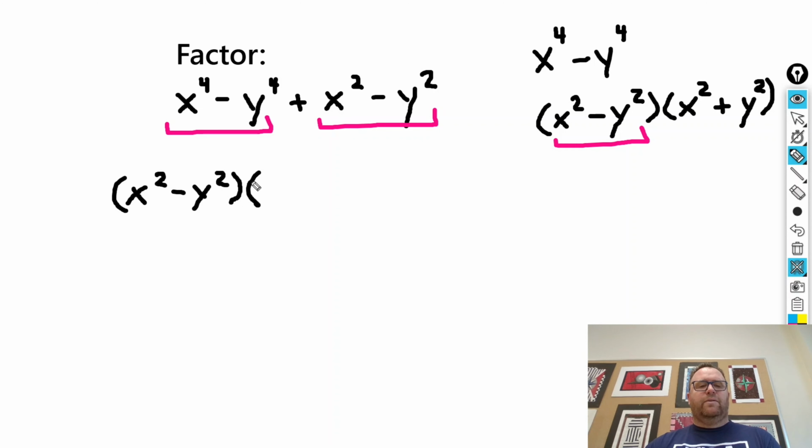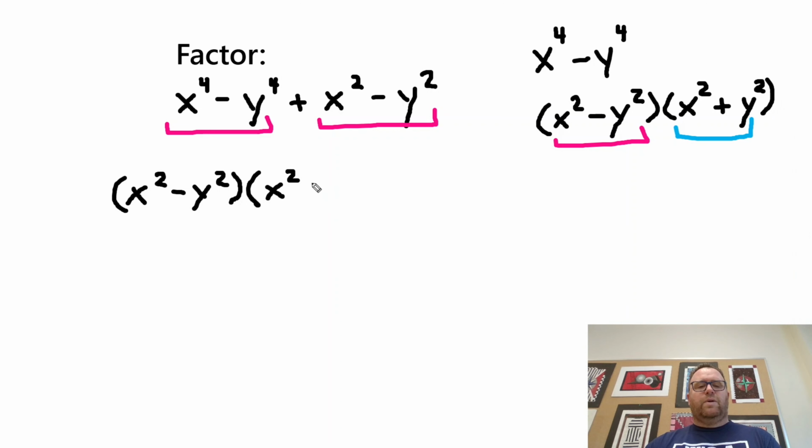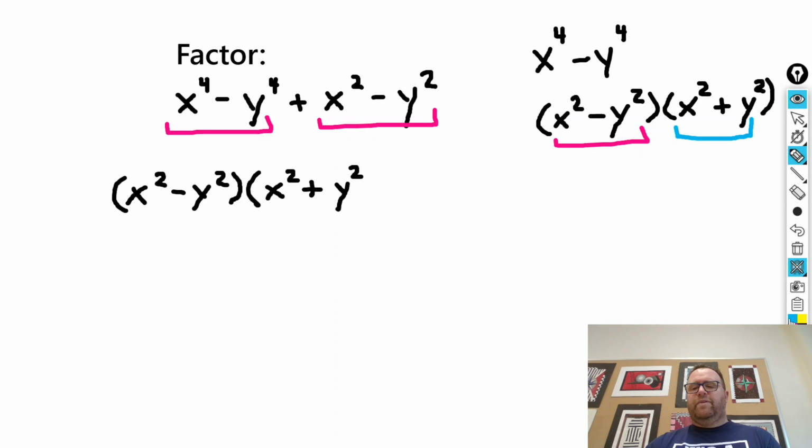And then when we factor that out, we're left with the x squared plus y squared. And when we factor x squared minus y squared out of this, we get just 1. So this becomes plus 1.